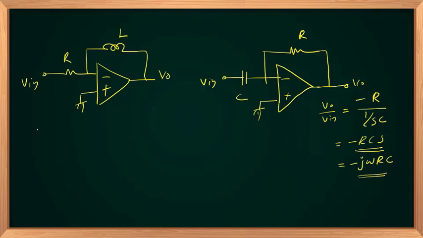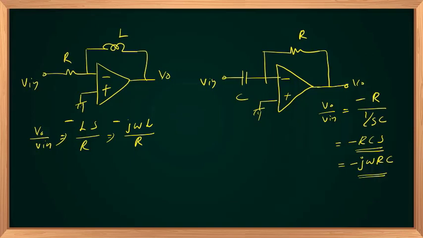Similarly here, V out by V in will be Ls divided by R, that is equal to J omega L upon R, with a negative sign.